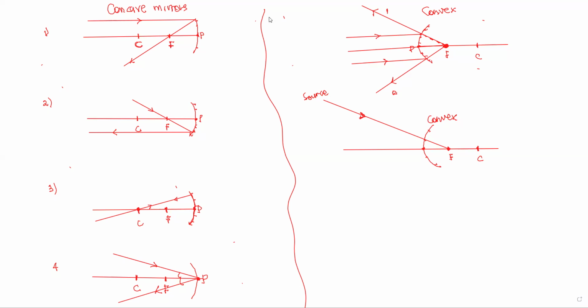If the ray appears to pass through F, after reflection, what will happen? The ray will die.